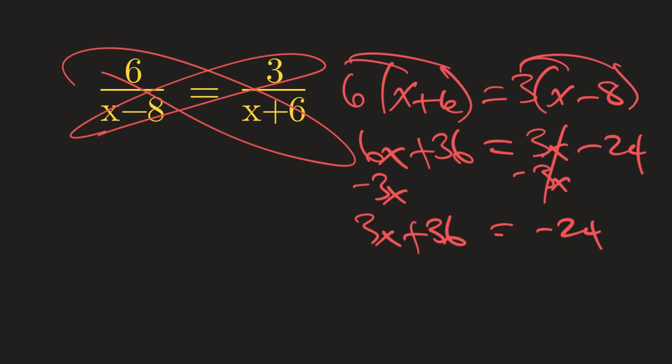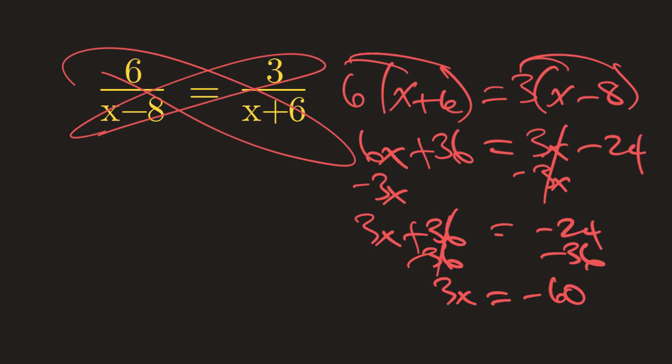What's next? Subtract 36, I agree. Let's see, negative 24 and negative 36 are negative 60, I believe. Yep. If you add two negatives, you're going to get a negative. Those dang integer rules never go away.